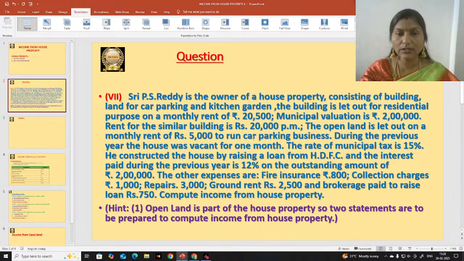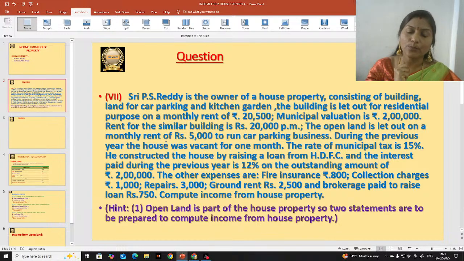This is our question, and I will discuss it with you. Everyone just concentrate. Understanding the question is very important, and we should collect all the important points we need from the question so that it becomes very easy to do the solution. So let us discuss the question.